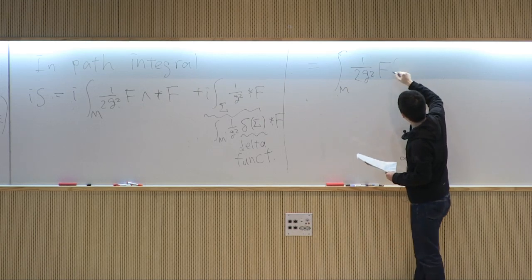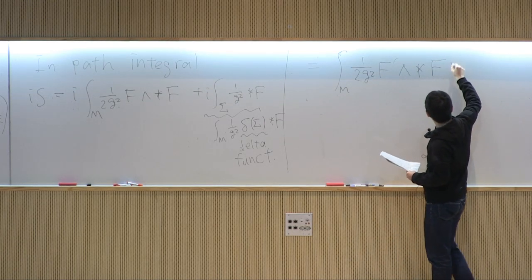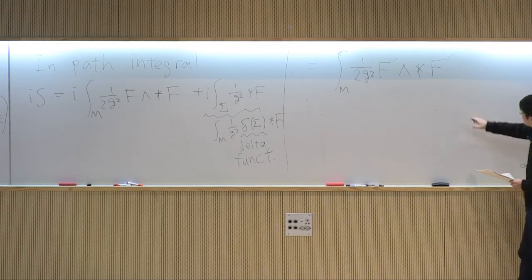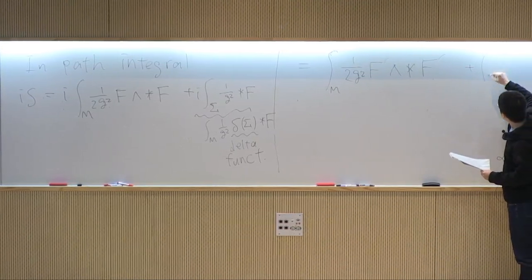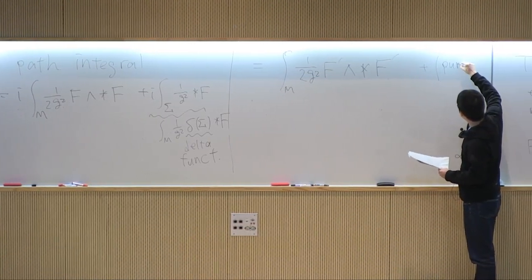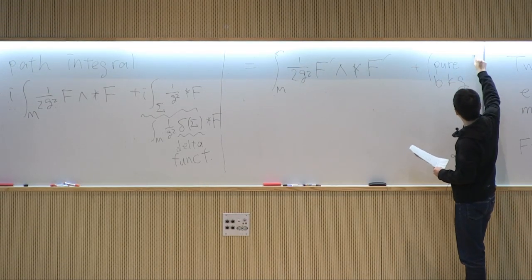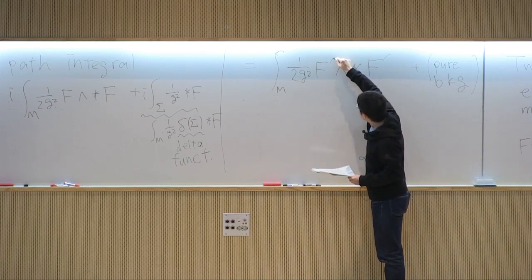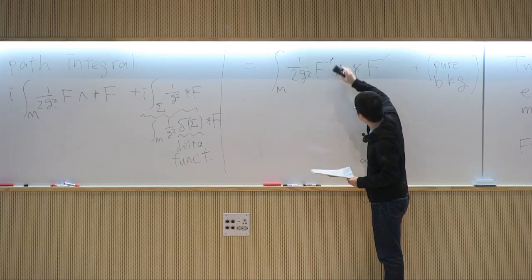it looks almost the same as the free Maxwell kinetic term, up to some background field. So there is some term which is purely background. But here, this is f prime, sorry.